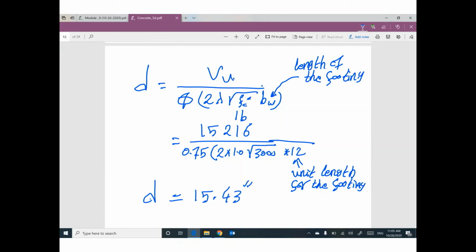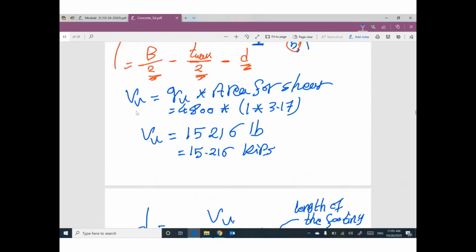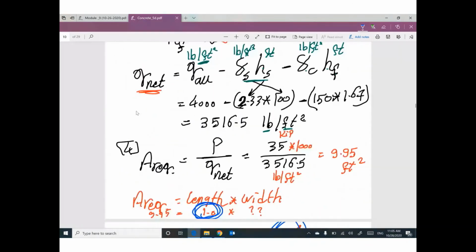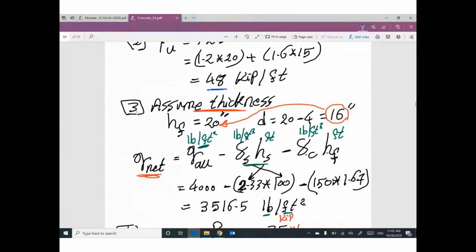Can you remind me what was the assumed depth? Wow, I assumed a depth equal to 16 inch.